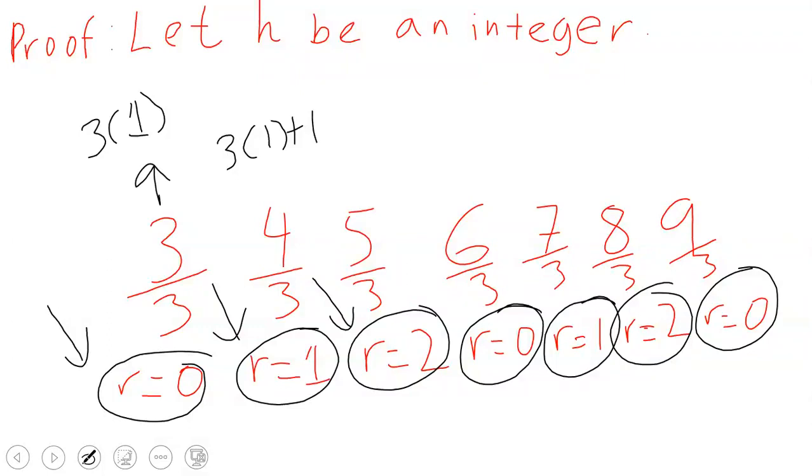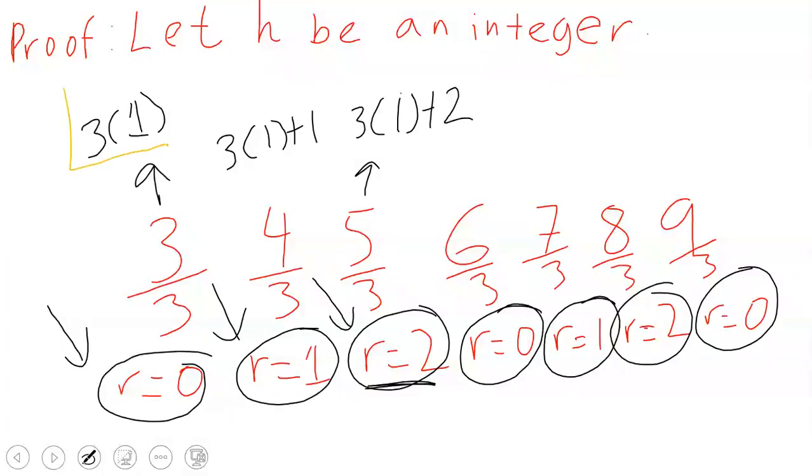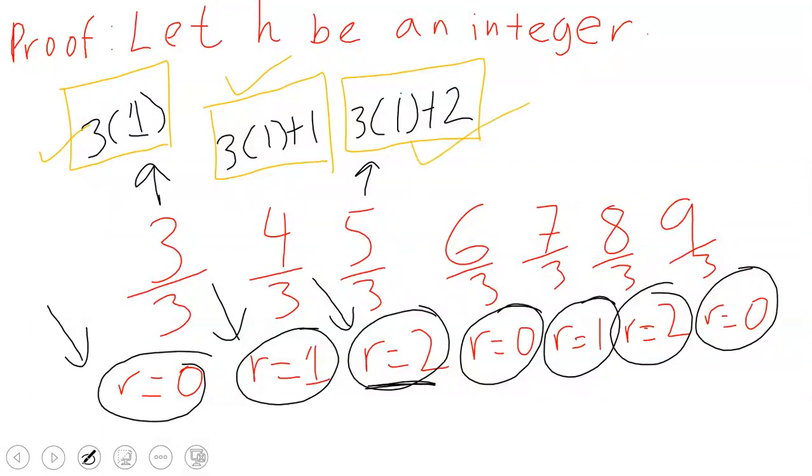And if it has a remainder of 2, then it can be written as 3 times an integer plus 2, say 3 times 1 plus 2. So any integer you give me is either a multiple of 3, or a multiple of 3 plus 1, or a multiple of 3 plus 2.